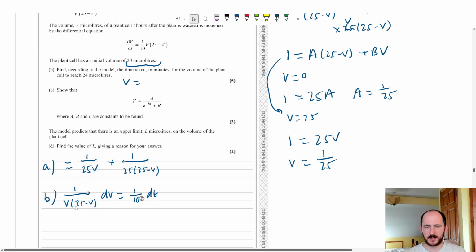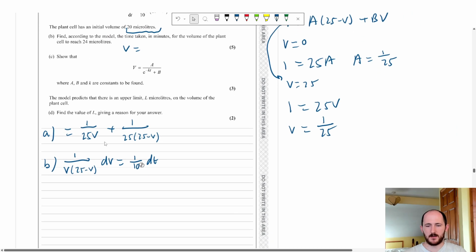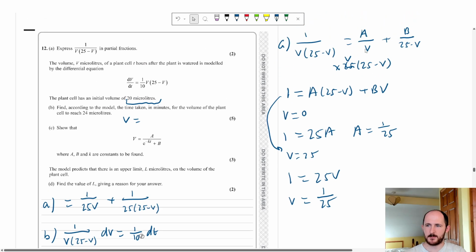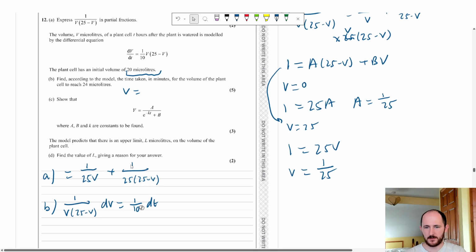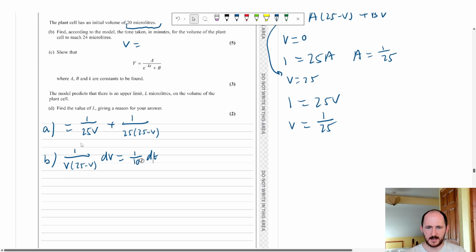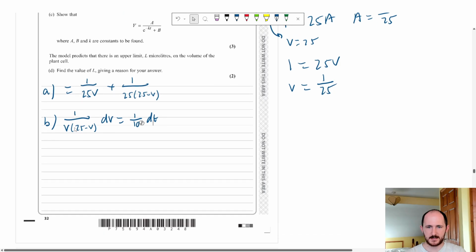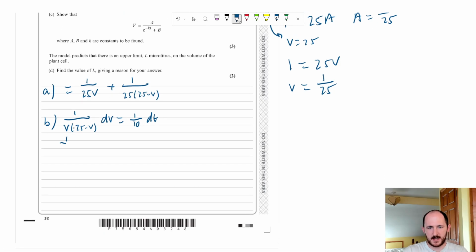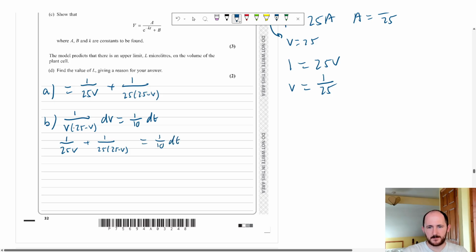Now before we integrate, you can't really integrate this without separating it into partial fractions first, so I'm going to replace the left-hand side with the partial fractions, and then we can integrate nice and easily. Don't worry, I didn't forget it. And now we can just integrate both sides and get something that looks fairly nice.